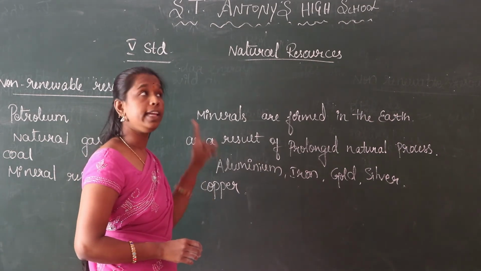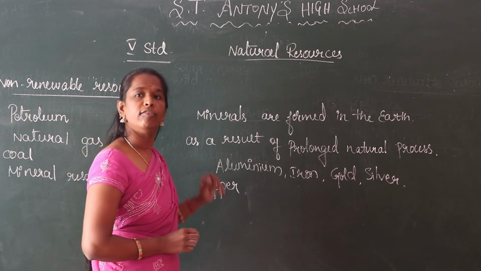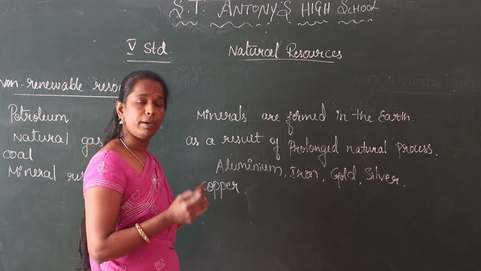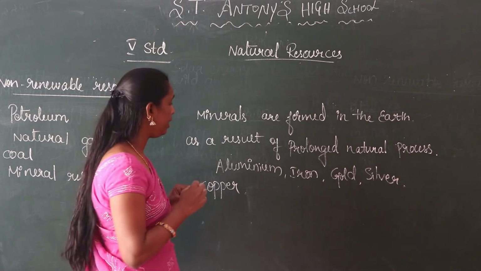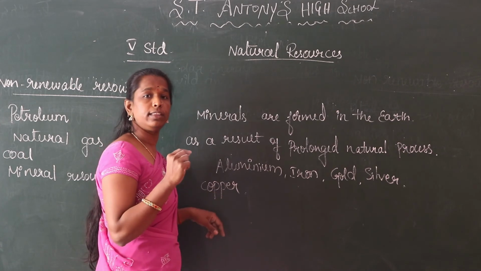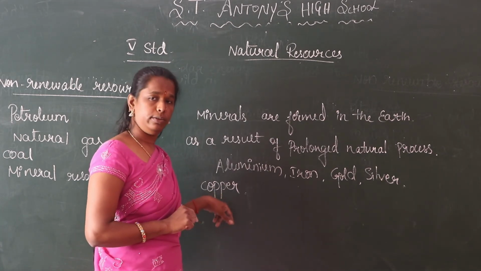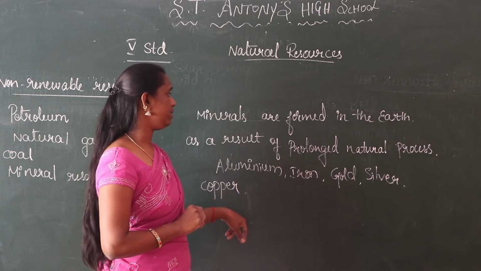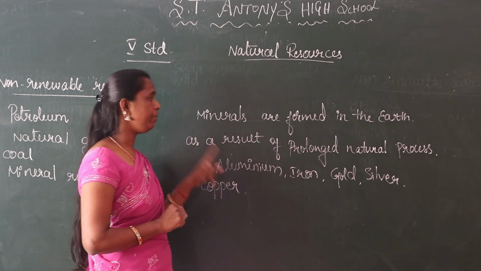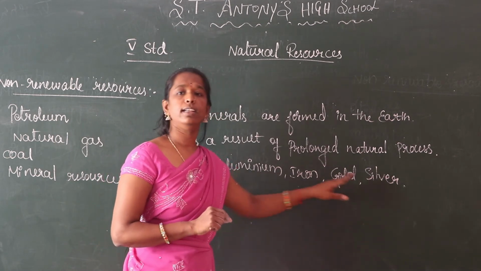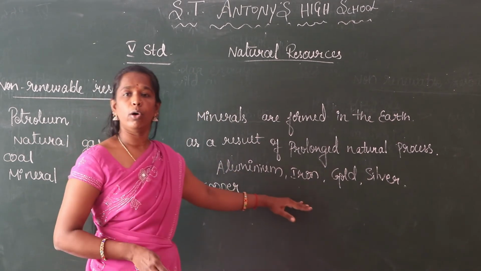It is used in electrical wires for electricity. If you open an electric wire, there is a plastic cover, and inside it there is a brown-colored sheet; that is copper, used for electrical purposes. Minerals, for example, are aluminium, iron, gold, silver, copper, bronze, etc.